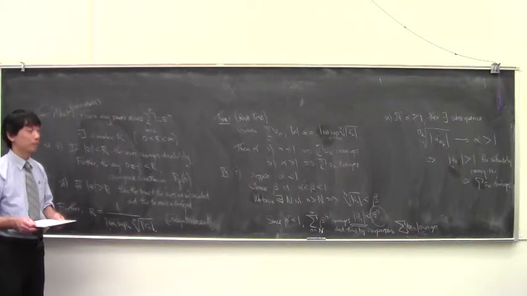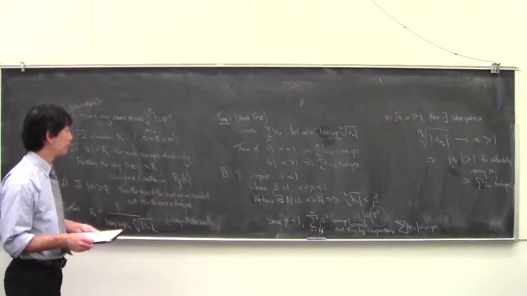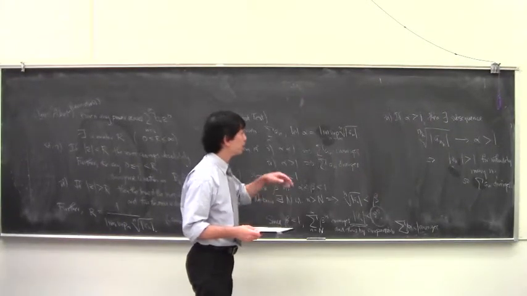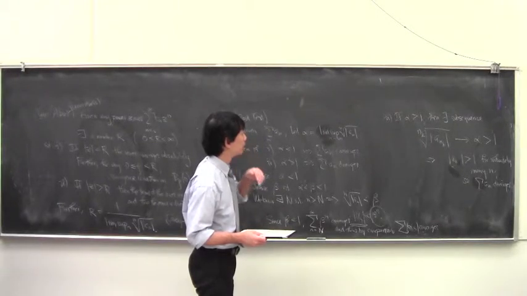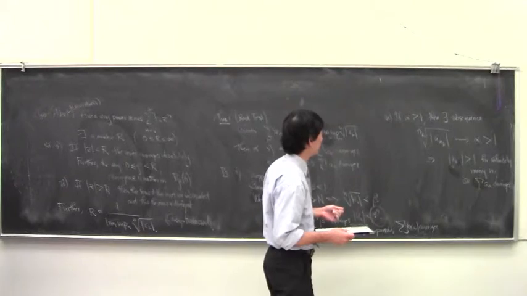Yes. Could you also pick a beta between alpha and 1? Or for the second part, could you use a similar argument? Yeah, sure. You'd be comparing.